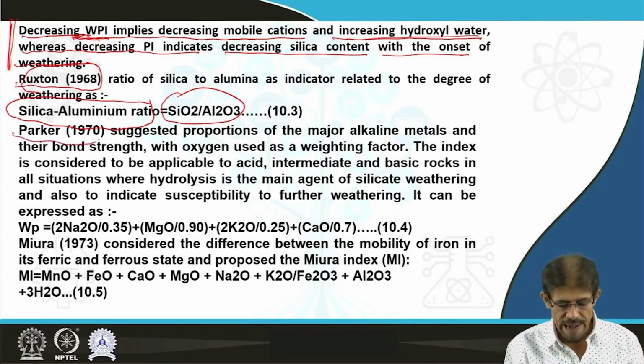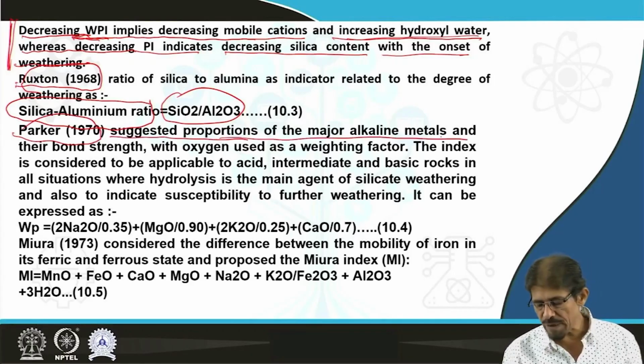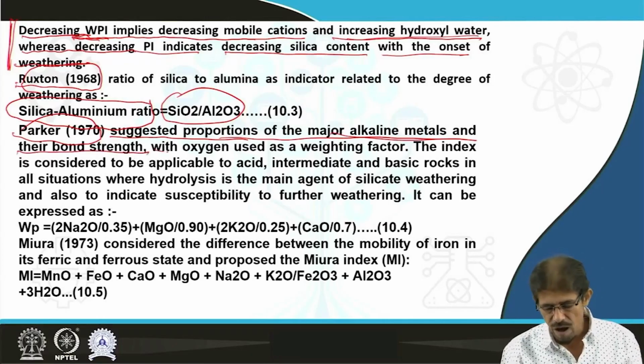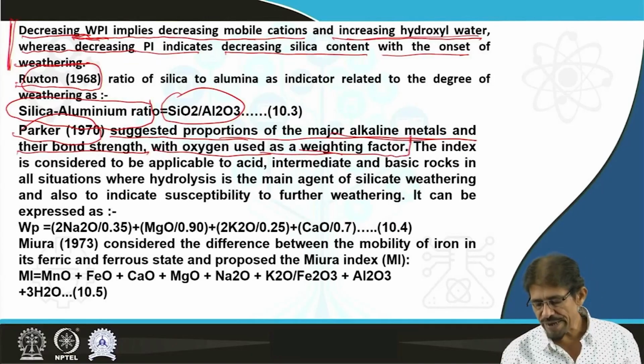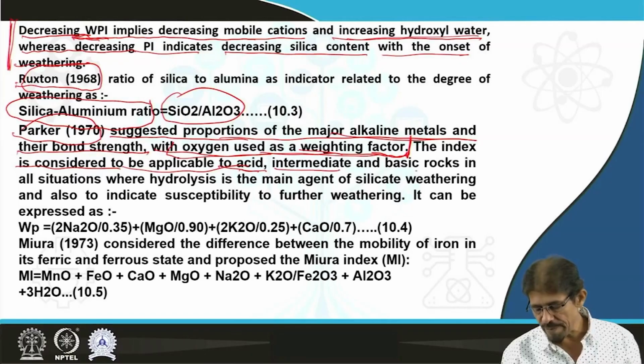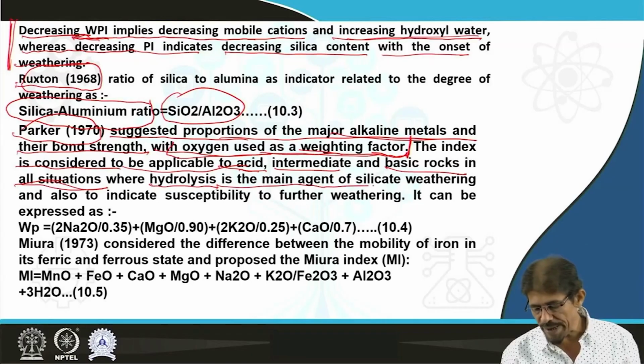Further, Parker approached this problem and suggested the proportion of the major alkaline metals and their bond strength with oxygen used as the weighting factor. This index is considered applicable for acidic, intermediate and basic rocks or rock strata in all situations where hydrolysis is the main agent of silicate weathering.